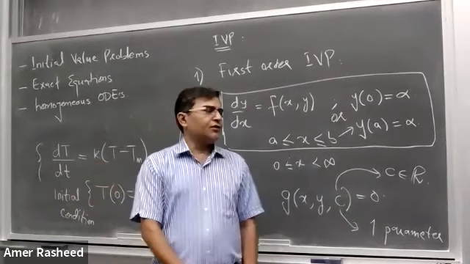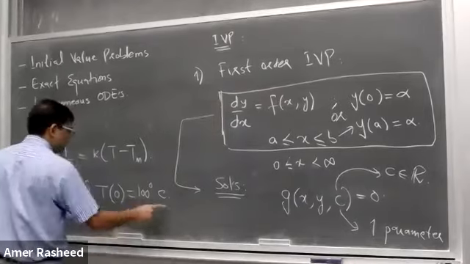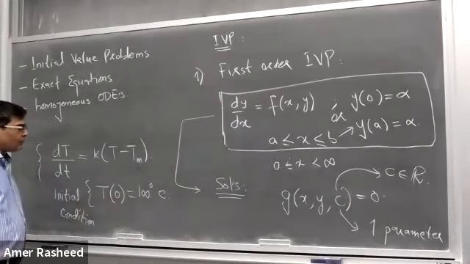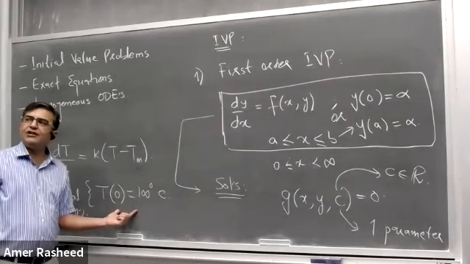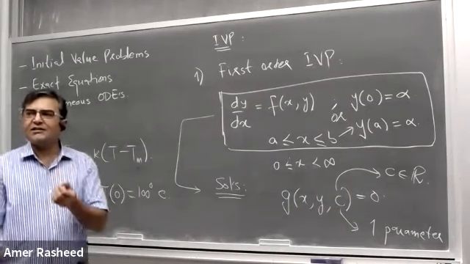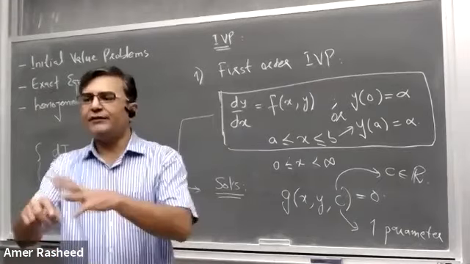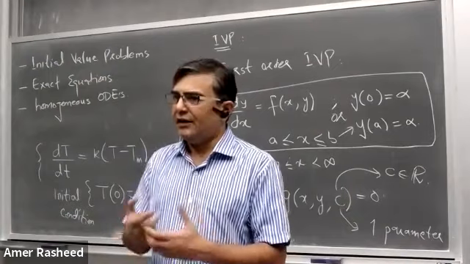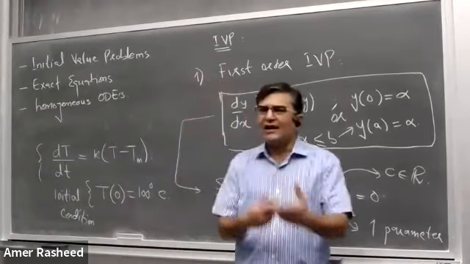So that is why we need an extra condition, which is usually defined at the initial time or the starting time of that physical phenomenon. It could be in the middle as well.